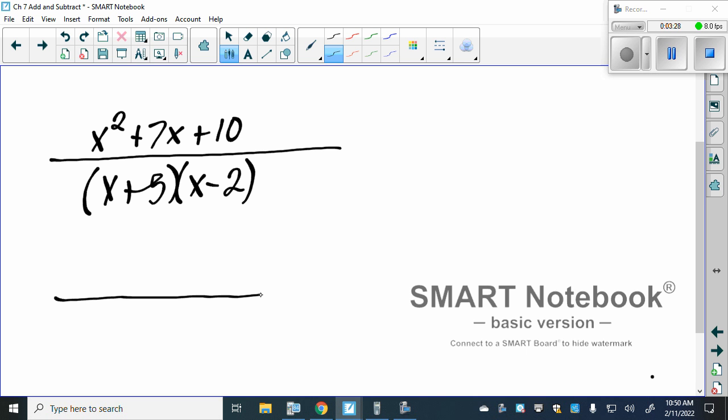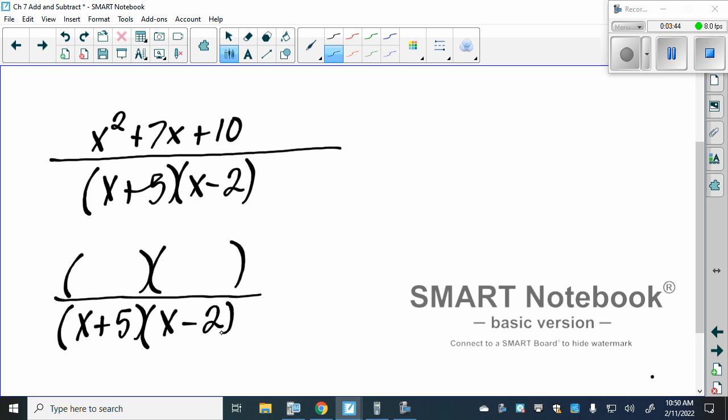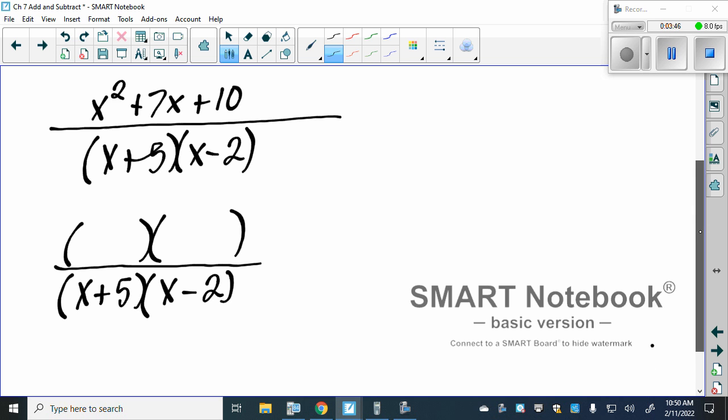Now, most likely, x squared plus 7x plus 10 will factor. And if we factored this numerator, what are we hoping we get? I'm either hoping to get an x plus 5 or an x minus 2, because if I get one of those, we can simplify with top and bottom. Since the 10 is positive, we know the signs are the same, and they're both going to be positive.